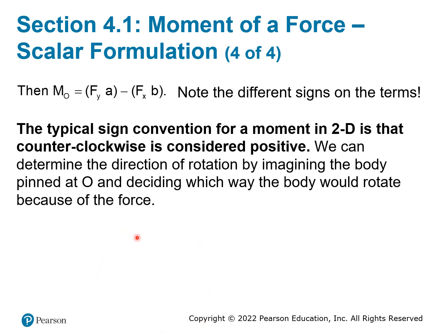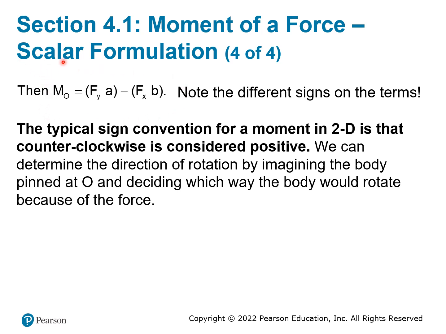And we define counterclockwise as positive, so this is positive. Clockwise is negative, so this is negative. So you sum these two together, it's going to be the total moment of the force vector with respect to the reference point of O. And that is what this represents.